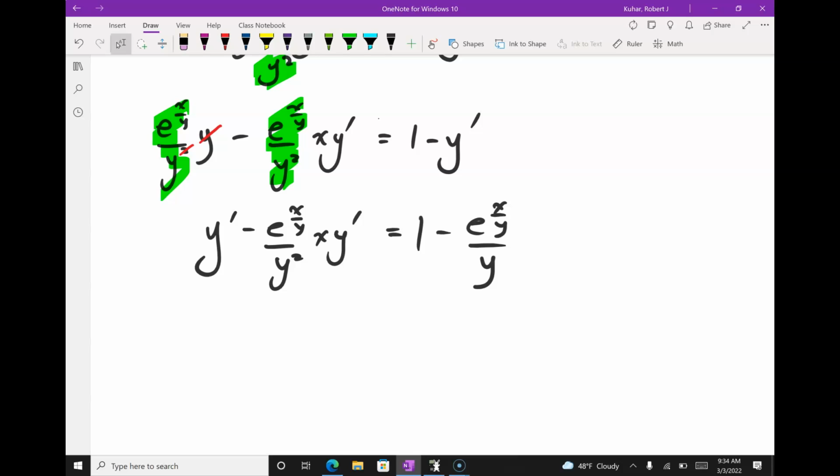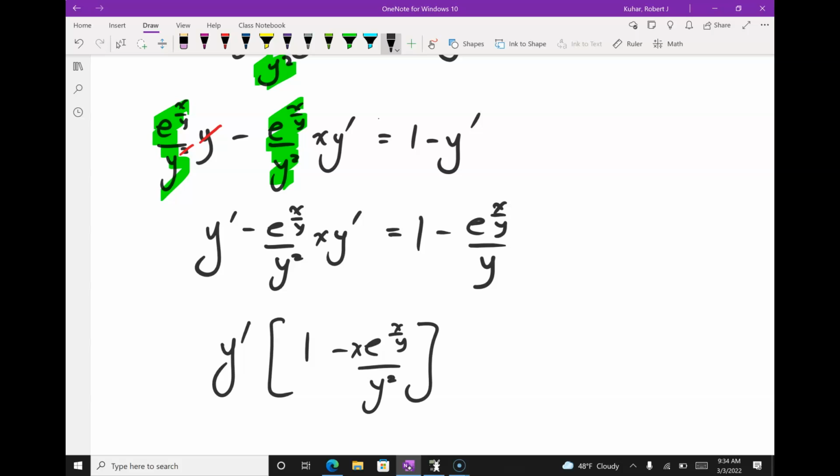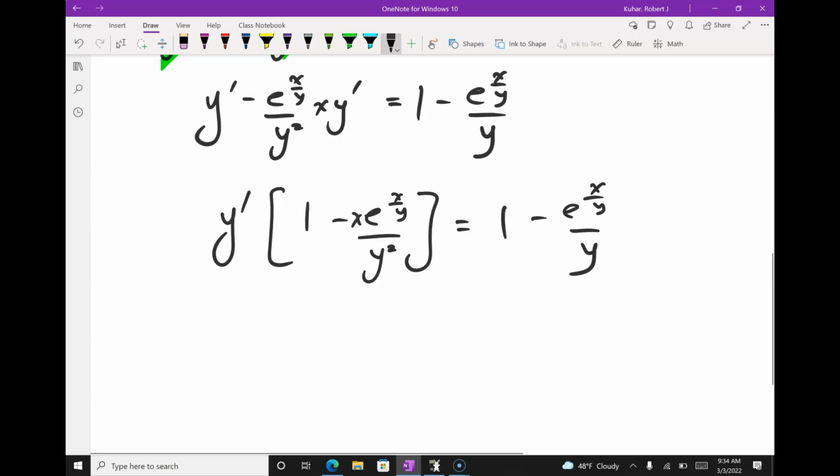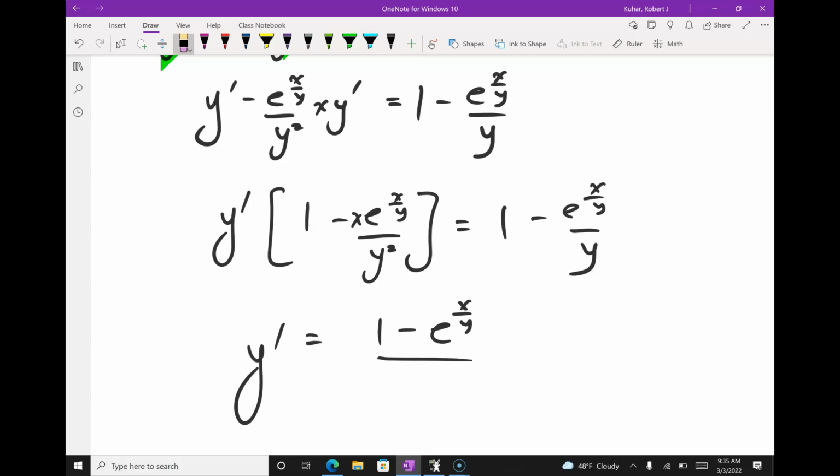We okay? Factor out the y prime. And then divide by that to solve for y prime. Oops, sorry.